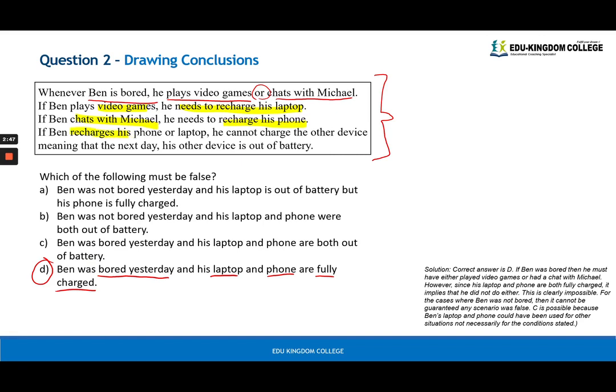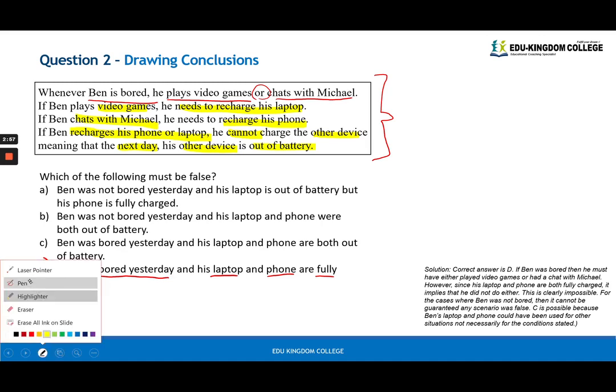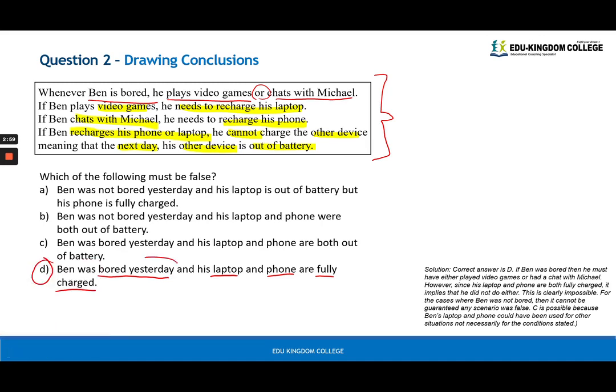If Ben recharges his phone or laptop, he cannot charge the other device, meaning the next day his other device is out of battery. So he can only do one at a time. Now remember in our option, Ben was bored yesterday. If he was bored yesterday, he must have either needed to recharge his laptop or his phone, but he was unable to charge one of them because of this rule, right?